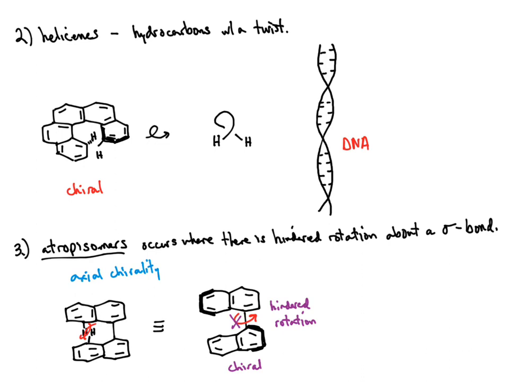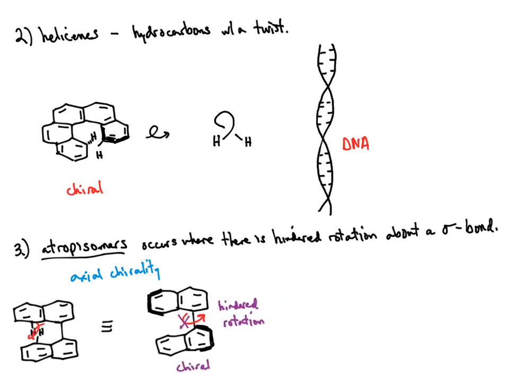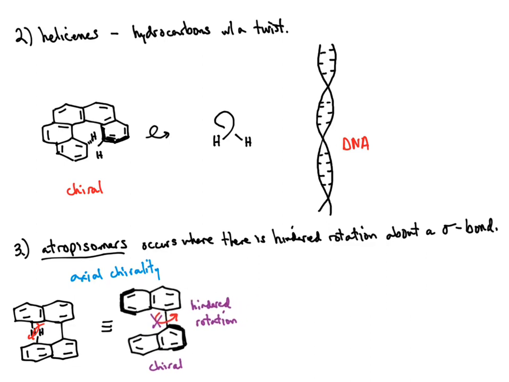All right, so let's do another example of this. I'm going to move these over a little bit so we can get some space. One of the requirements for atropisomers is that you have to have certain groups attached. So let's take a look at this example here. Let's say I have a methyl group here and a chlorine group here, and this is connected to another molecule, but this time that benzene ring is puckered out of plane.